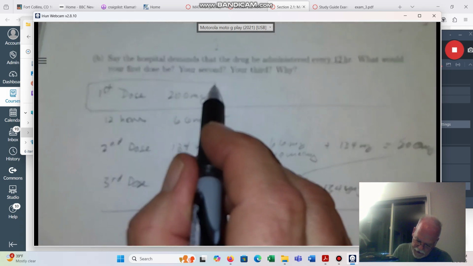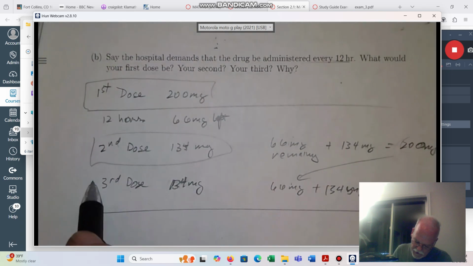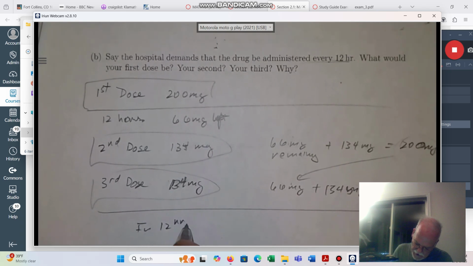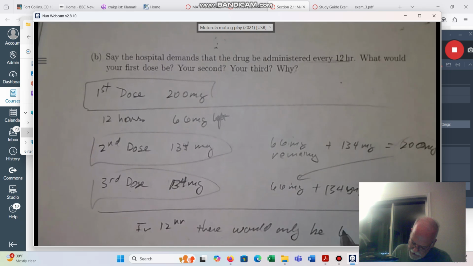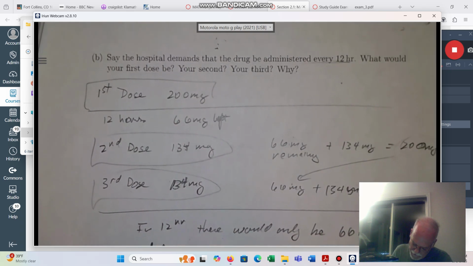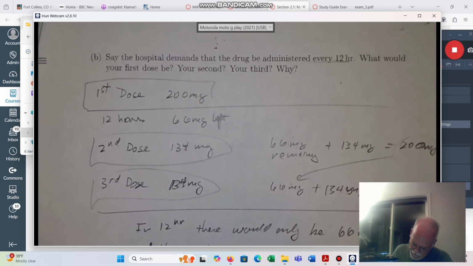So first this one, then second, and then third. And my reason why is that in 12 hours, there would only be 66 mgs left of the original dosage.